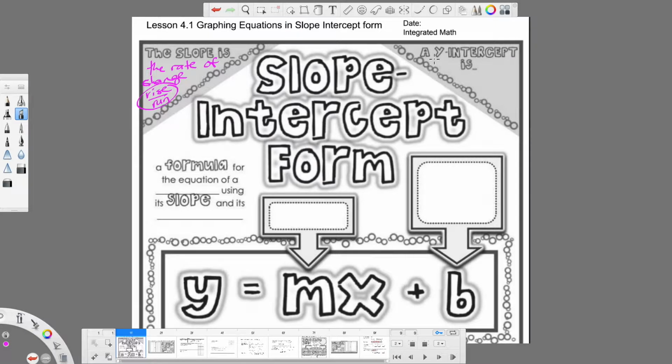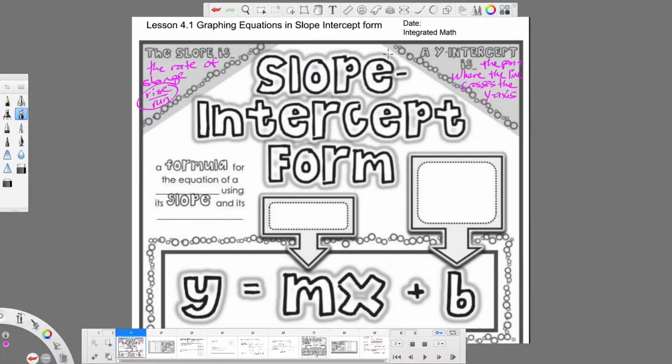A y-intercept is the point where the line crosses the y-axis. Okay, so it's just the point where we cross that y-axis. Remember, that's the axis going straight up and down.